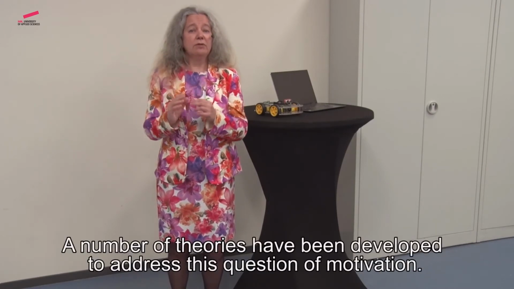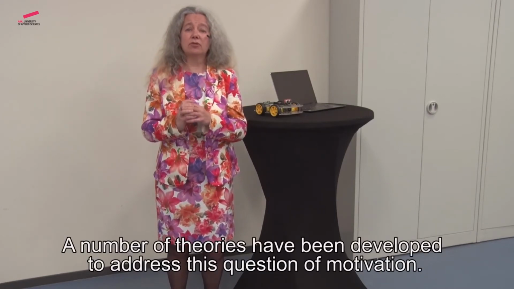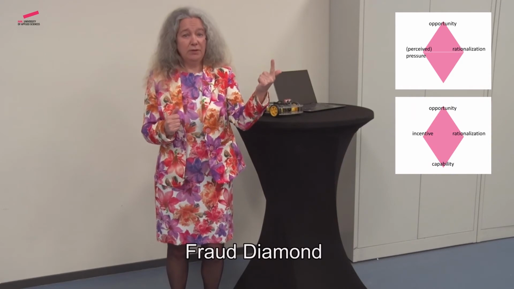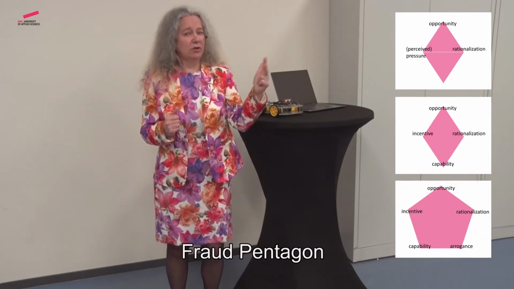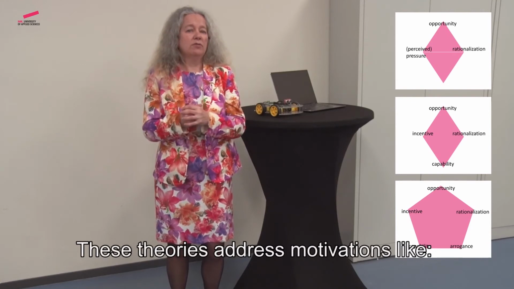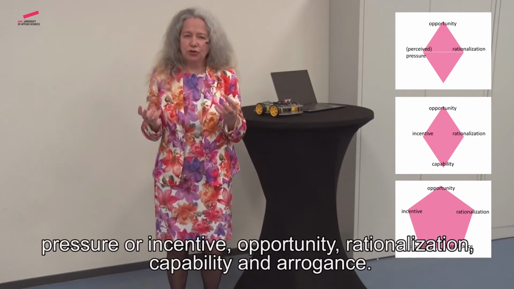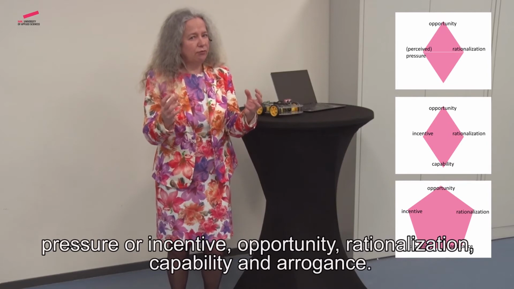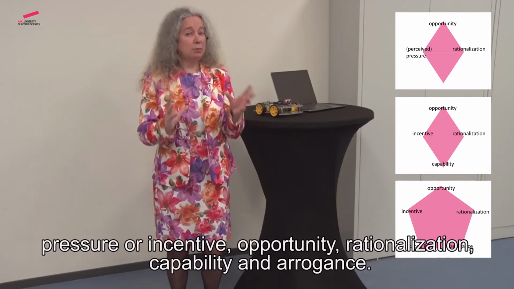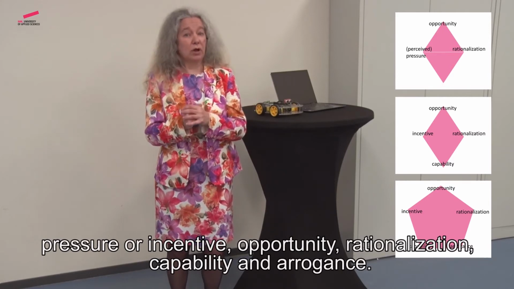A number of theories have been developed to address this question of motivation. They are the fraud triangle, fraud diamond, and fraud pentagon theories. These theories address motivations like pressure or incentive, opportunity, rationalization, capability, and arrogance.